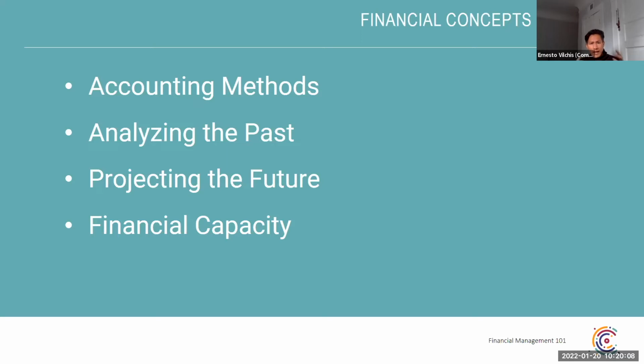One is analyzing the past, like how the organization is performing, but also looking at the future as to where you're going. Those are two parts that really make the financial structure one solid thing, right? And then we're going to talk about financial capacity and how you measure that, through indexes, through different metrics that you will use to measure the financial capacity of the organization. So that is what I'm going to be starting with.